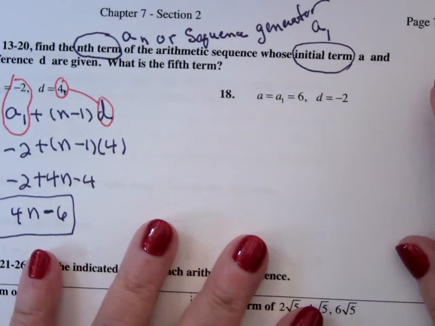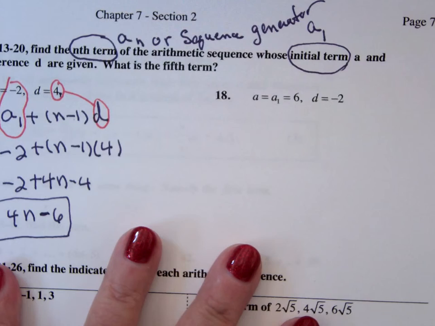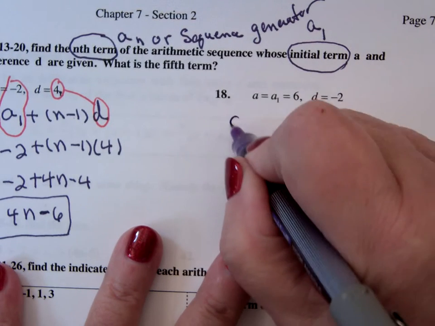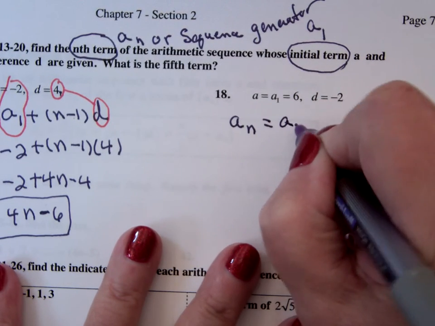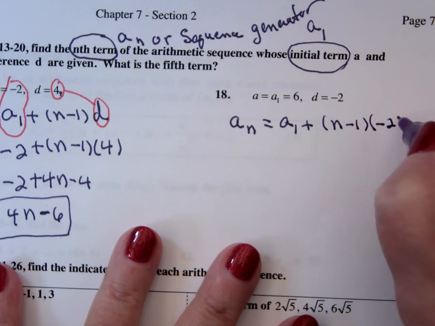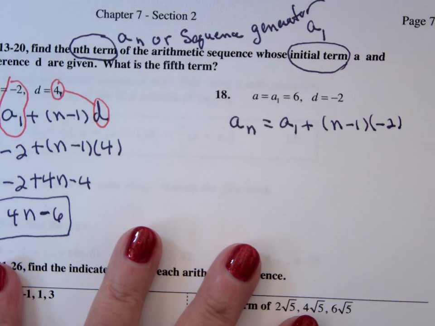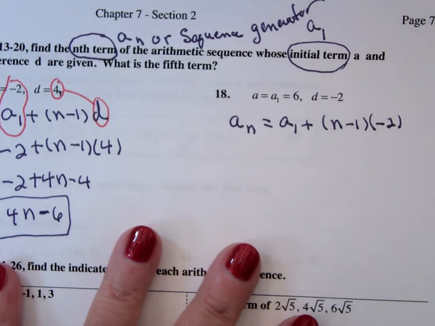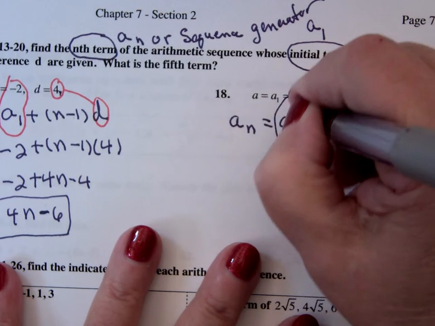Let's see. We know that a sub n equals a1 plus n minus 1 times d, and a1 in this instance, which I didn't write down, is 6.